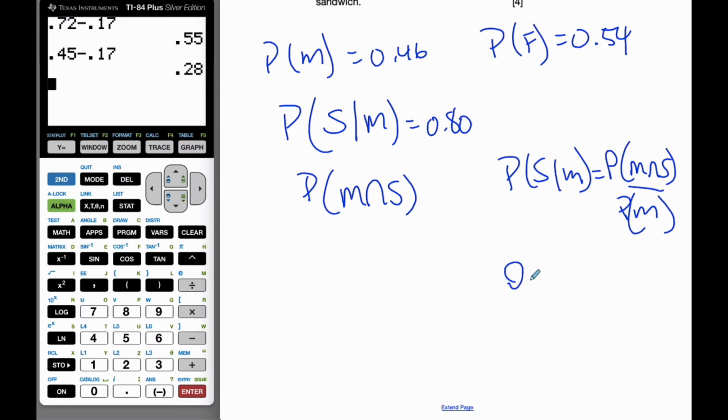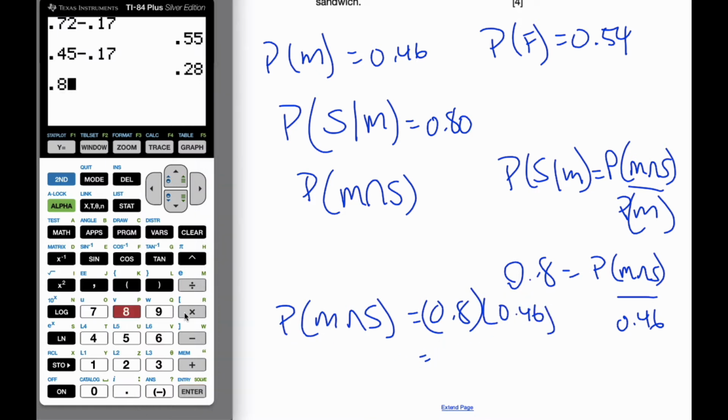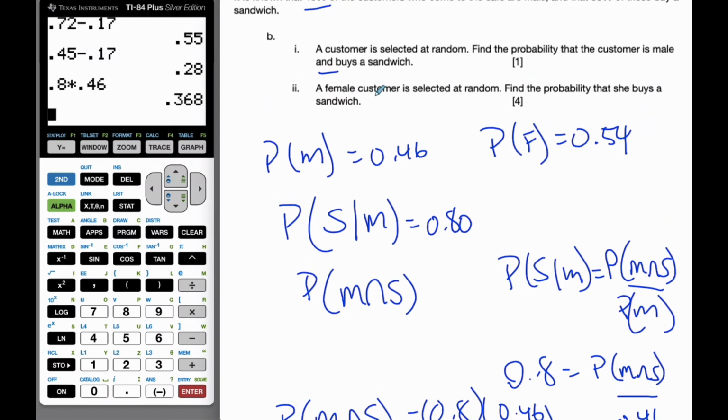If 0.8 is equal to the probability of males and sandwiches over the probability of males, I can clearly see that my males and sandwiches is 0.8 times 0.46, which is 0.368. So that is the first part there.